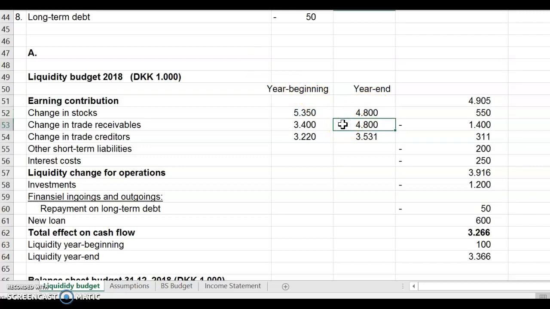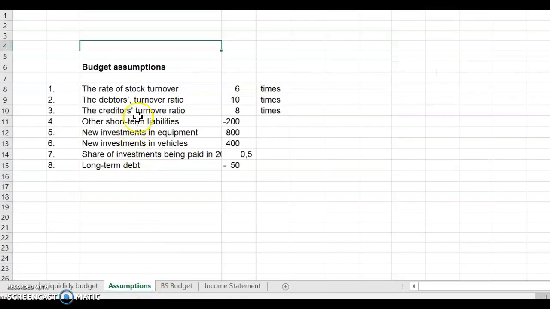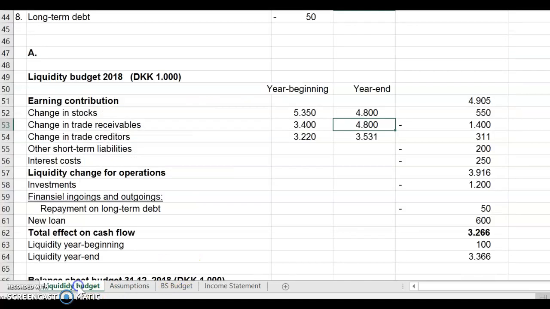Here we can find the trade receivables because we know that the total sales is 48,000, and we know that the turnover ratio is 10 times, so it is 4,800. You can see it here.